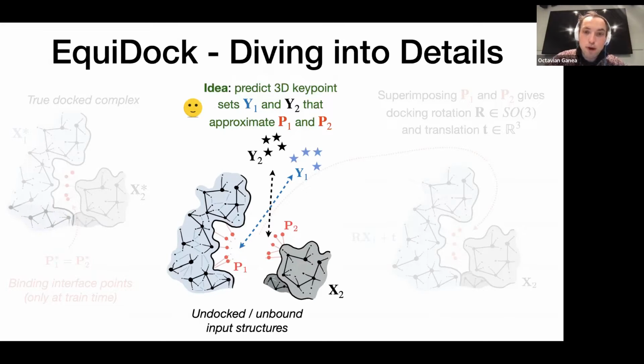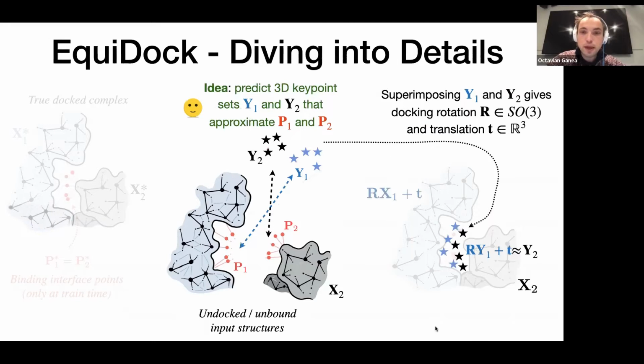We want Y1 and Y2 to approximate well the binding interface points, P1 and P2. If we have that, then instead of superimposing P1 and P2, which we don't have at test time, we're going to superimpose Y1 and Y2, and we're going to recover the docking. We're going to predict in this way the docking rotation and translation to dock the two proteins.